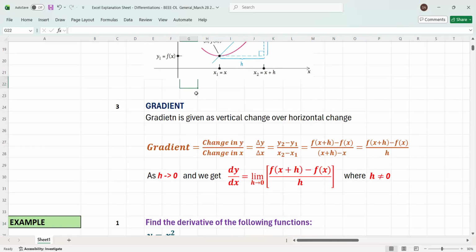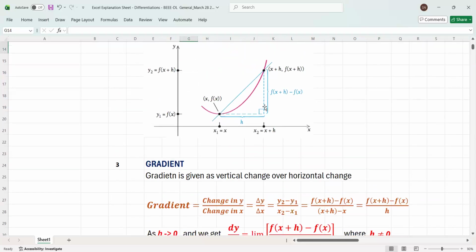So our change in y will be y2 minus y1, where y2 is f of x plus h, and y1 is f of x. So the numerator becomes f of x plus h minus f of x, and the denominator will be x2 minus x1, which gives us x plus h minus x. This is the method in which we apply as h approaches 0, to get the differential of the function.